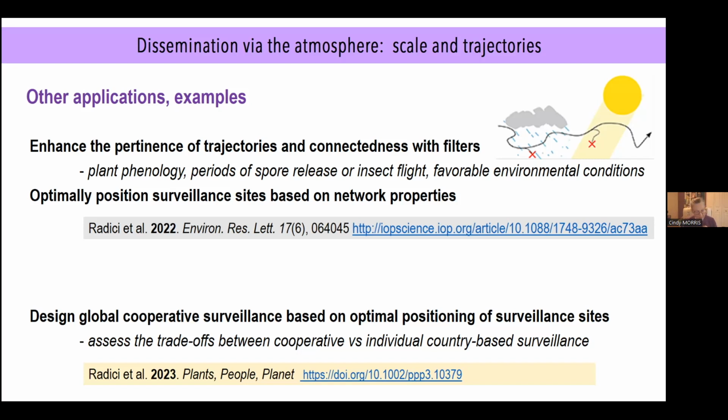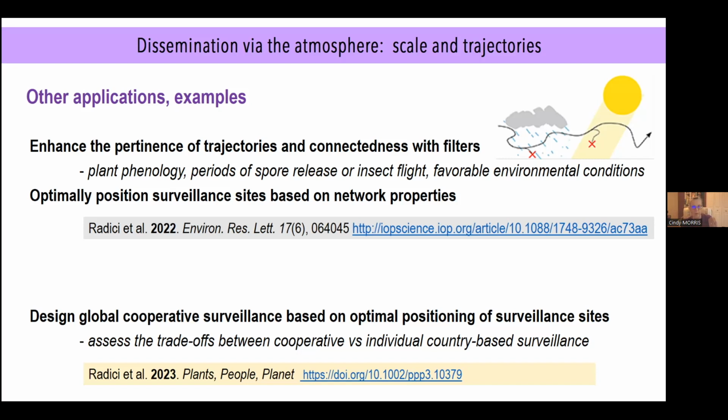And then if you think about diseases that are disseminated across Europe, like wheat rust, there are a lot of countries that are involved. And so sometimes the countries could say, well, maybe I don't have to survey because I don't have any hubs in my country, and I can depend on other countries. Can we do cooperation? What would be the trade-off? Would there be any financial gains?